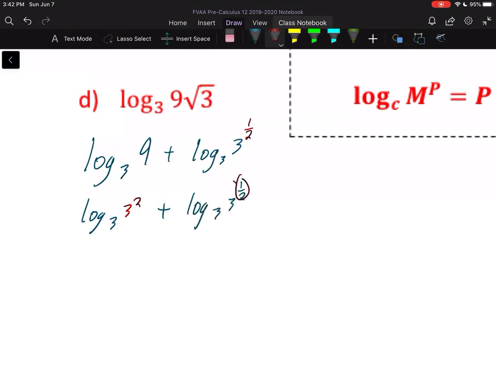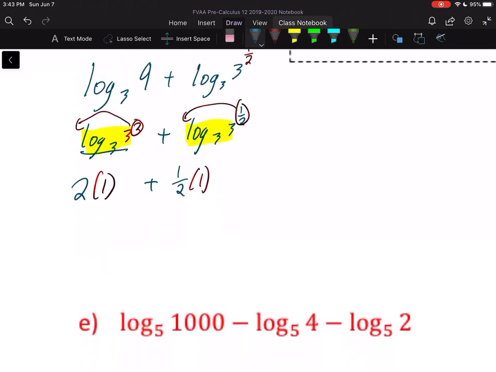Okay, now bring these exponents as coefficients. And then these equal 1, right, without the coefficients. So I end up with 2 times 1 plus 1/2 times 1. Okay, and so my answer would be 2.5, or 5 over 2.